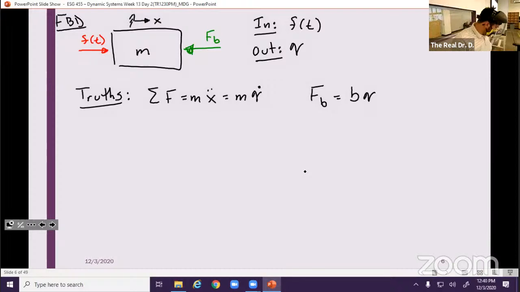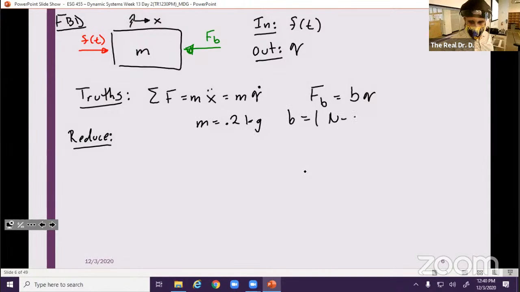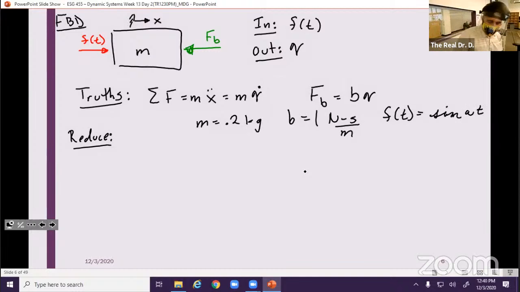That's it, right, for this. I mean, if we really wanted to in our truths, we could write that M was 0.2 kilograms and B was equal to 1 Newton second per meter, and F of T was equal to sine omega T, right? But that's not really going to help us in our reduction.